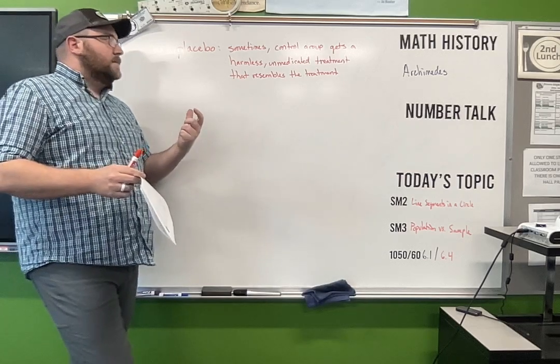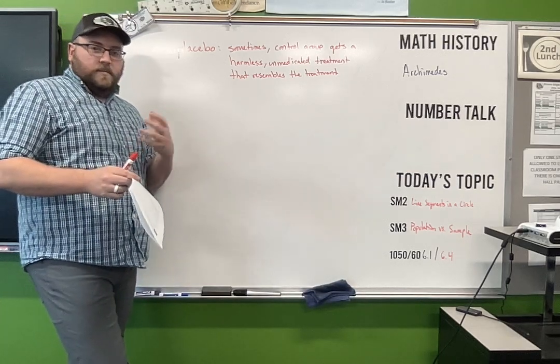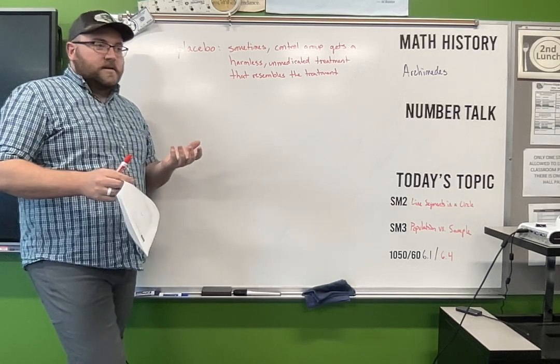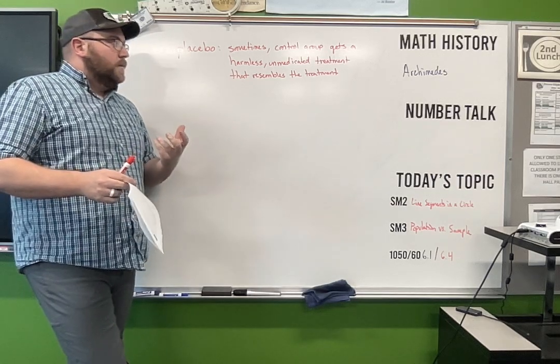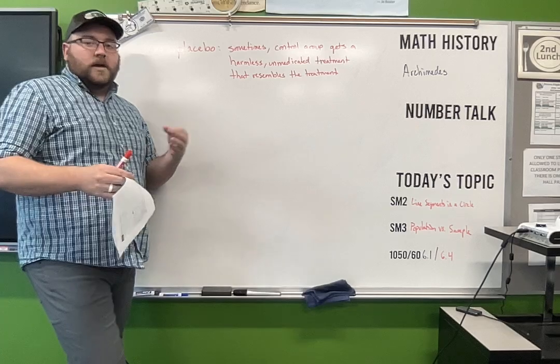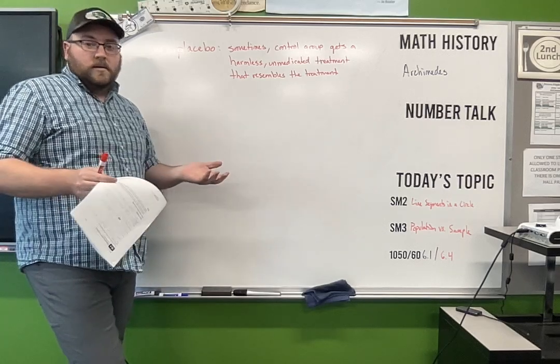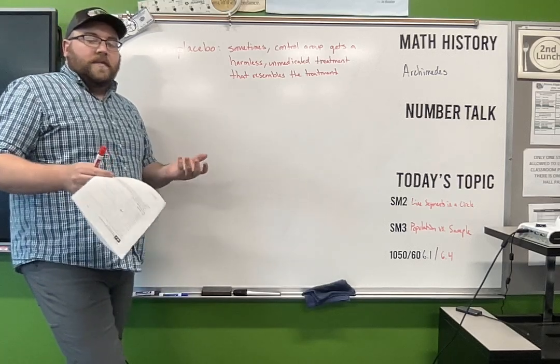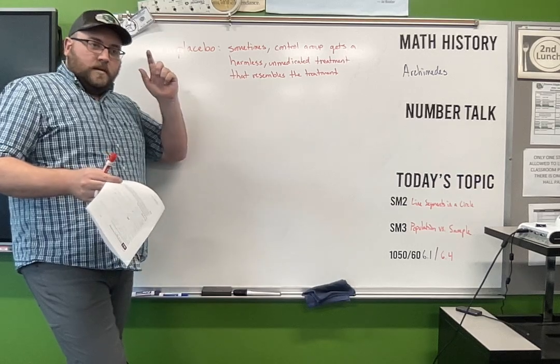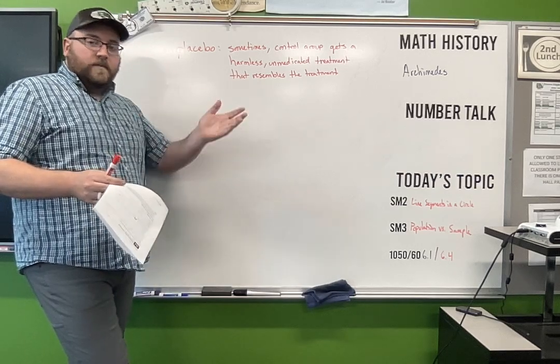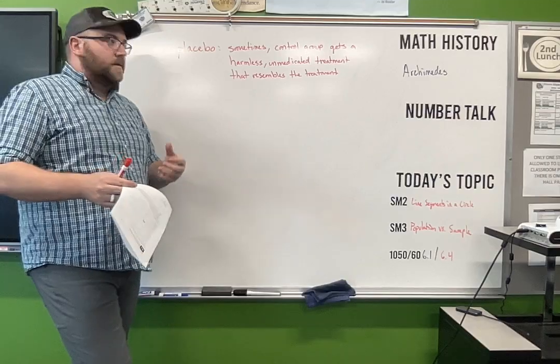So a lot of times researchers that are working in medicine will give the control group a pill or something that looks identical to the actual treatment, but it actually does nothing, and we call it a placebo. That way they take the bias of the person's thoughts out of the experiment.